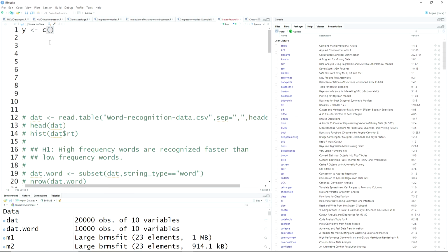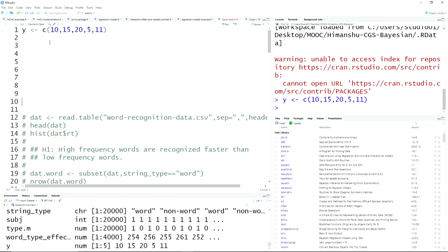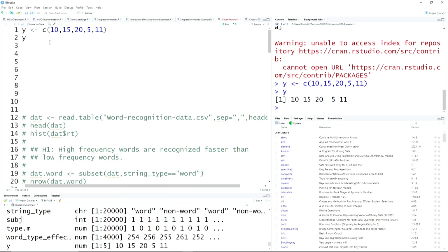Let us say these numbers are 10, 15, 20, 5, 11. So, these are the number of road accidents that occurred in the city on the last 5 days. Okay. And our goal is to model this.